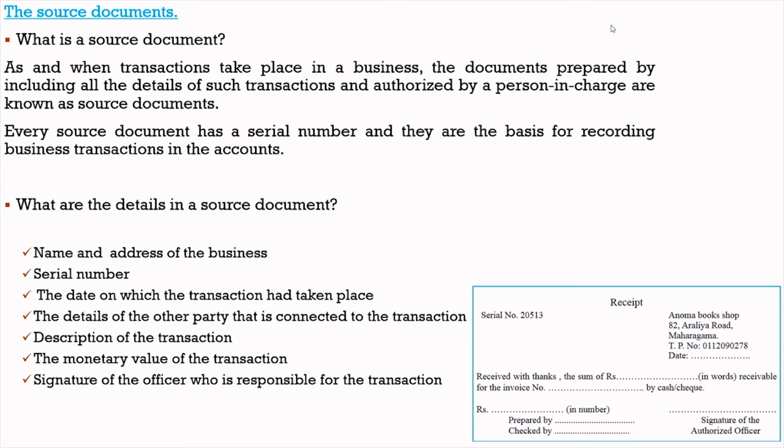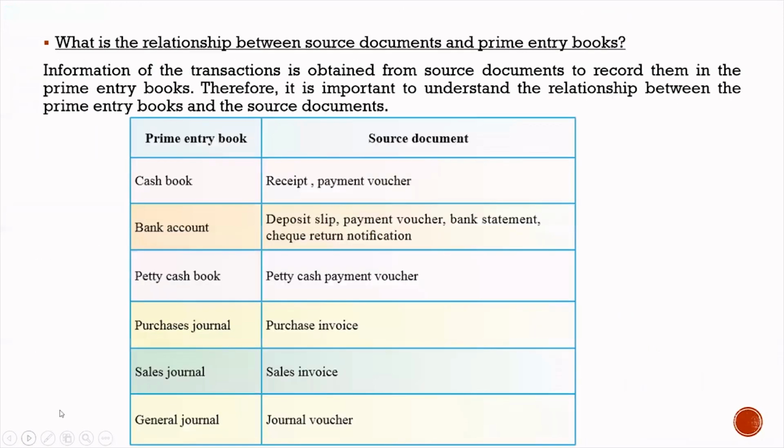It can be the name and the address of the business, the serial number, the date of the transaction, the parties involved, the description of it, the monetary value, as well as the signature of the person who is responsible for the transaction. There can be a question asking what the details in the source document are. Because of that, though you think this is really simple, please go through the picture as well as the details. This is also there in your textbook.